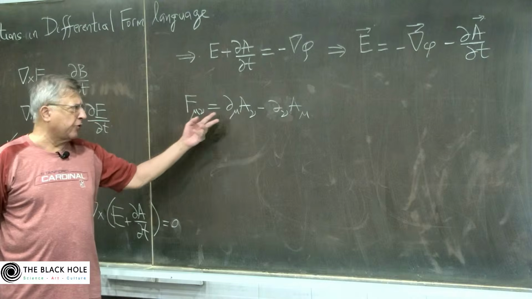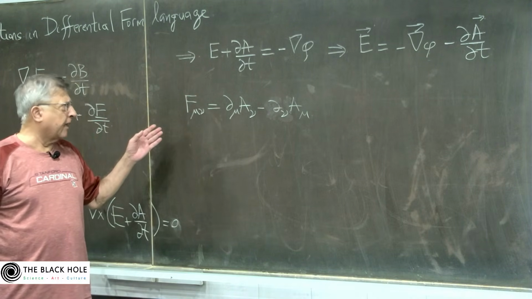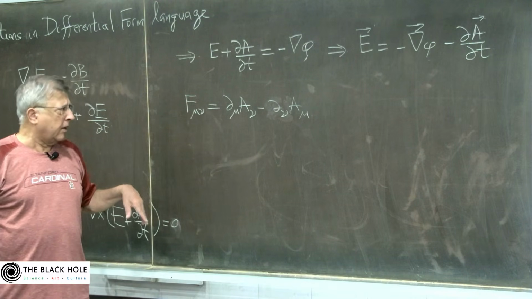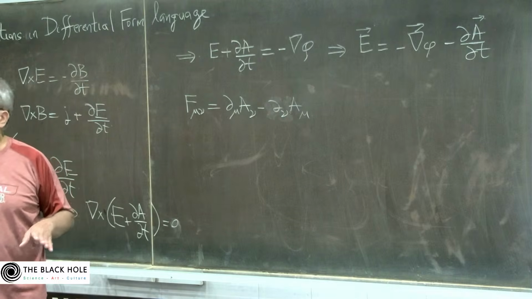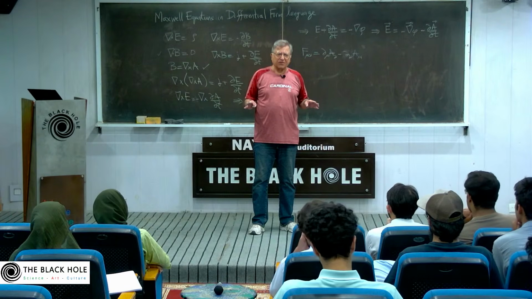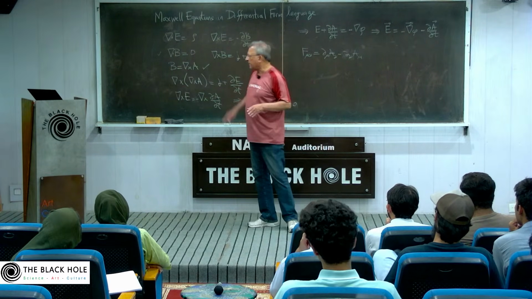You reverse mu and nu, you see this changes sign, and then these equations take a very simple form. Now what I will do is I'll go very quickly to the relativistic form, which I assume you know, but it all starts from here.